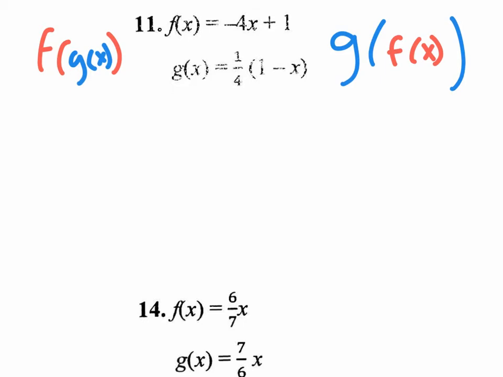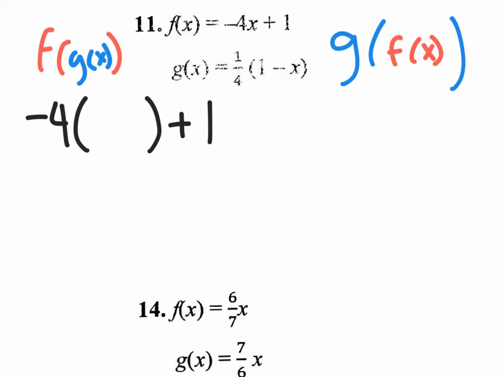So it's really like doing two problems here. Let's do this guy first, where you take g of x and plug it into f of x. So we're going to take the g of x function and plug it into the f of x function. Okay, so you really have, instead of f of x being negative 4x, I'm going to put, you know what, let me write it over here on the left side. So instead of negative 4x, I'm going to put negative 4 parentheses and then plus 1.